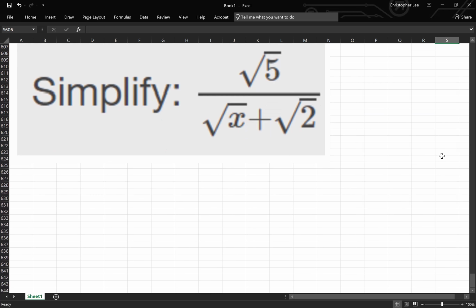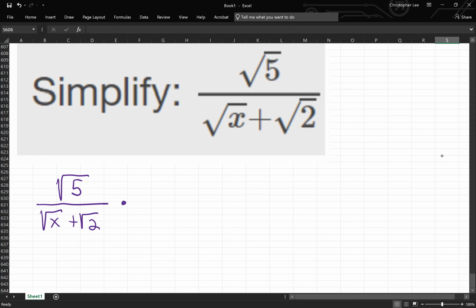All right, let's try this out. So I have square root 5 over square root x plus square root 2, right? Now, this is a cool answer, but the problem is I got radicals in my denominator, so I have to rationalize it, right?